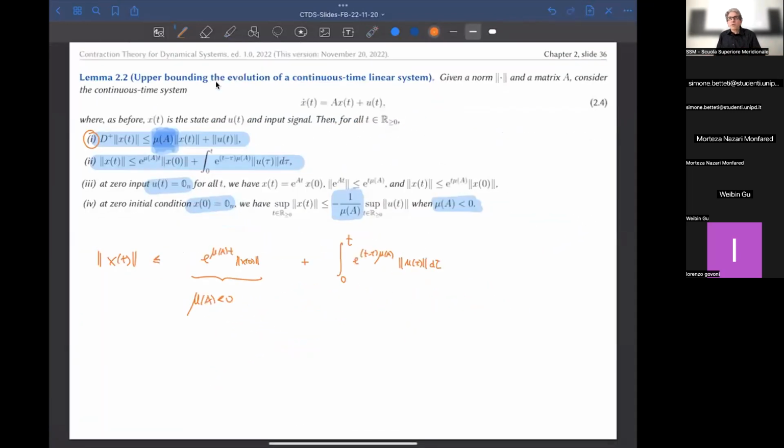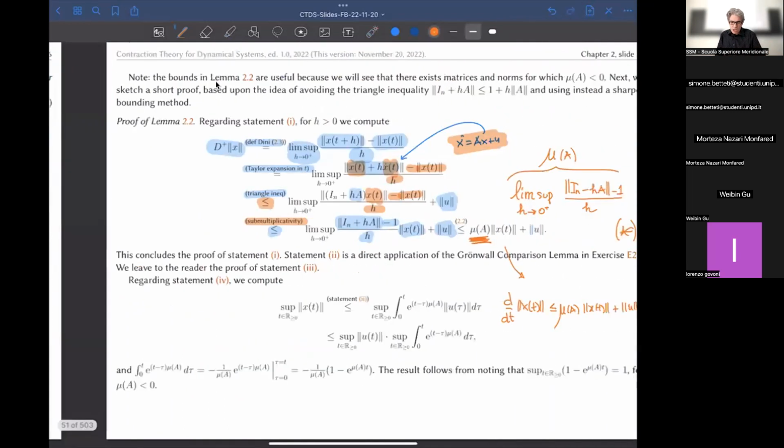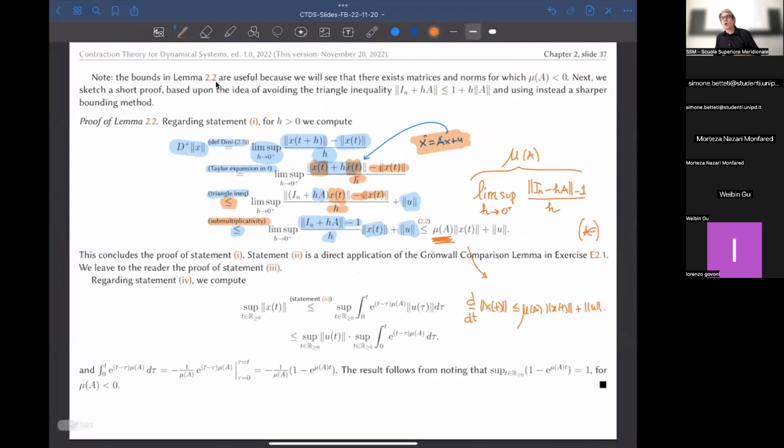Okay, so the reason I did this proof is because I wanted you to see precisely where that unusual definition comes from. And also I wanted you to see how in both cases, discrete and continuous time, you're really just working with the norms and the basic properties of these operators. So it's all linear here. There are no magic surprises.